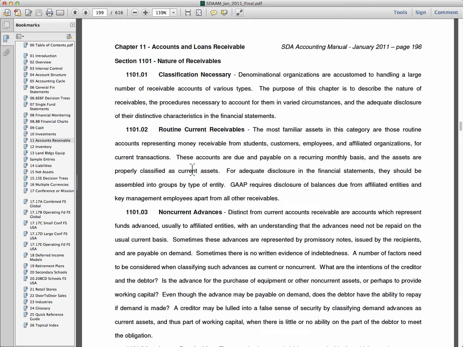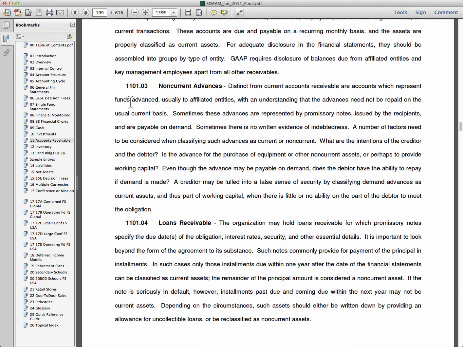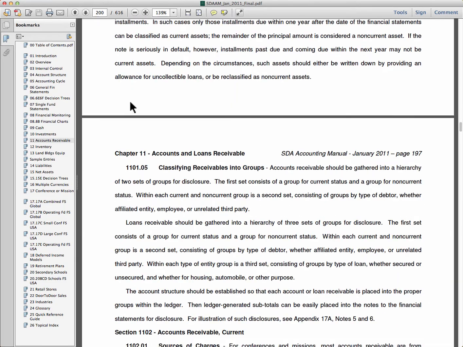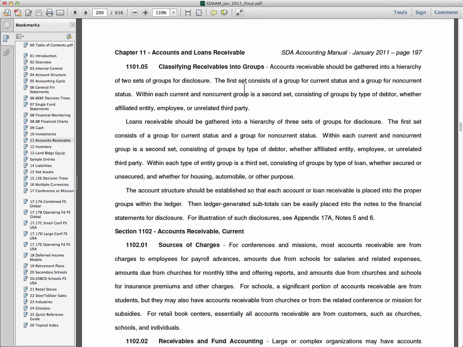And let's see if we can just page through here real fast, flipping through the pages. We have to classify them into groups, first of non-current and current, and then groups according to debtor, whether they are an affiliated entity, an employee, or an unrelated third party.